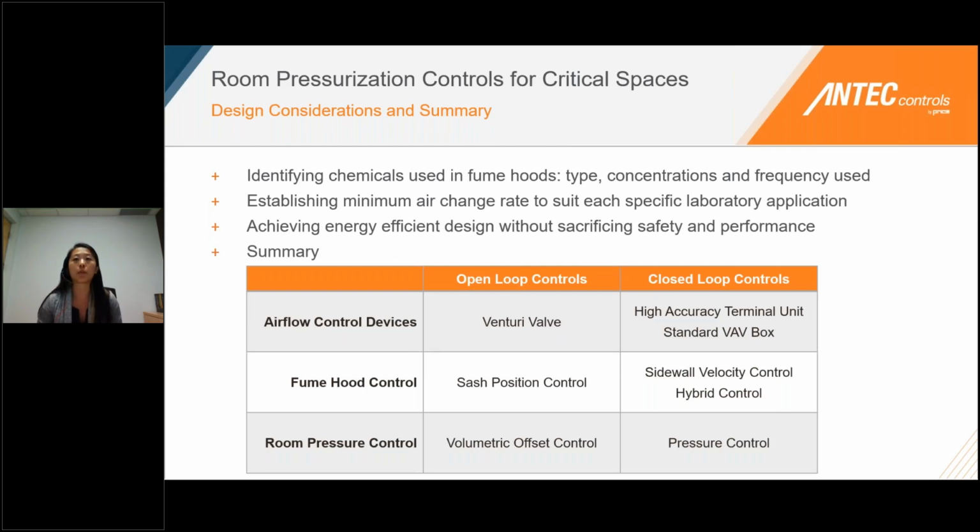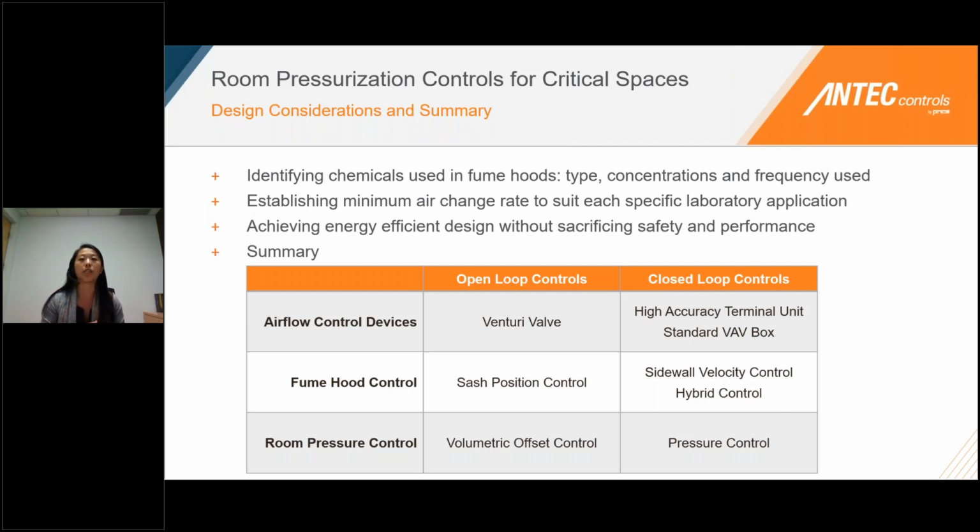And again, here's just a summary of the different closed loop and open loop devices that we reviewed today and on Tuesday in session 1. One thing to note is just because we do group each of these technologies in open and closed loop, it doesn't mean that they are fixed to only be working with other open loop type of devices.